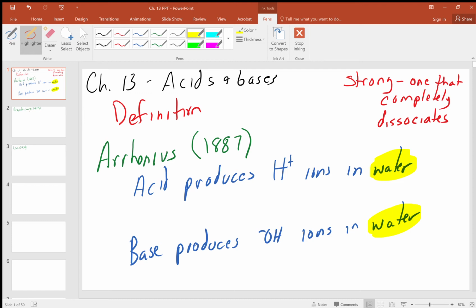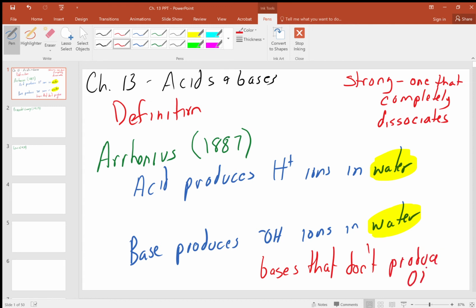So that's a very limiting factor. The second thing is, when we say it produces OH ions, are there bases that don't produce OH ions? The answer is yes. And so those 2 factors become very, very limiting on the Arrhenius definition.